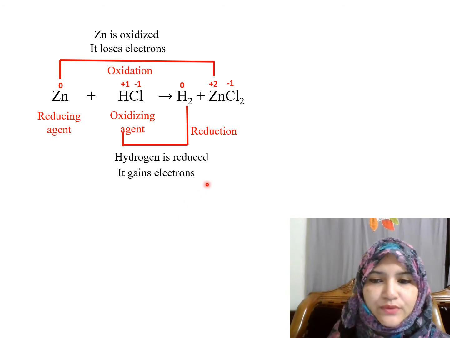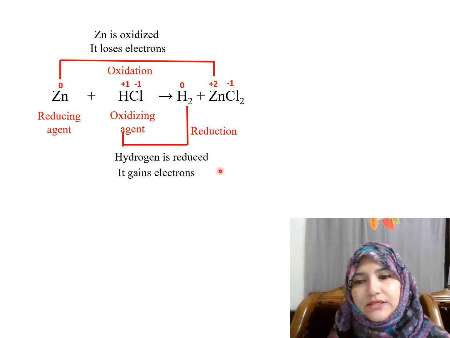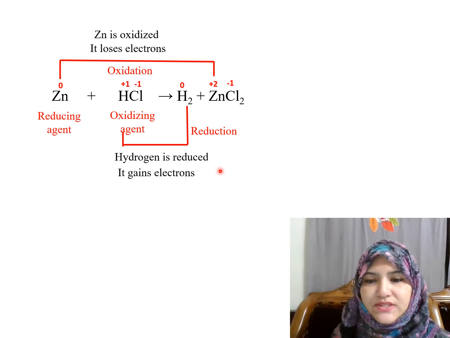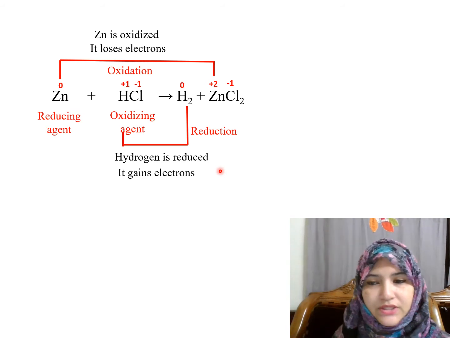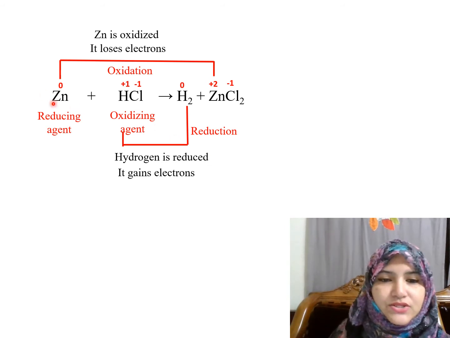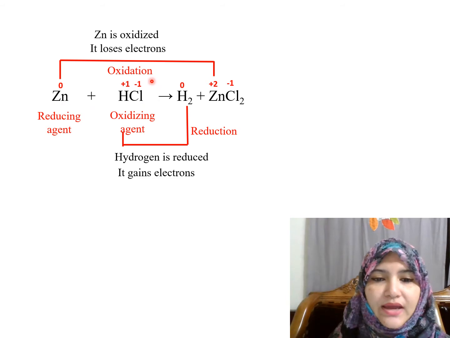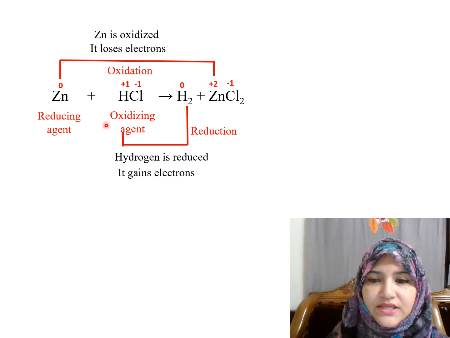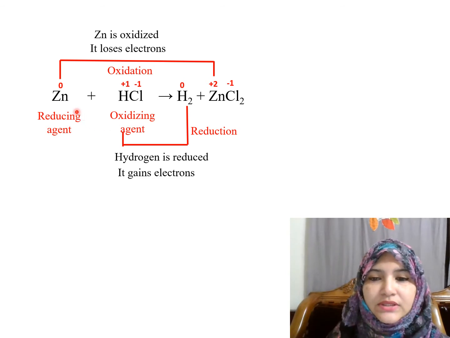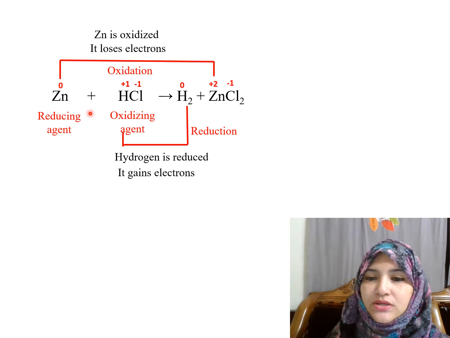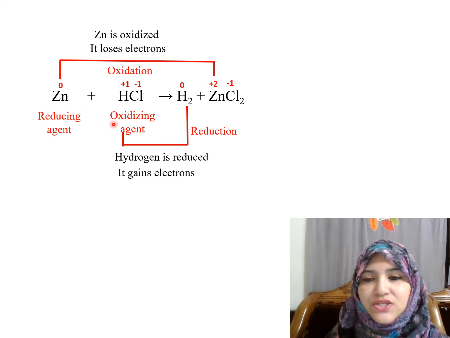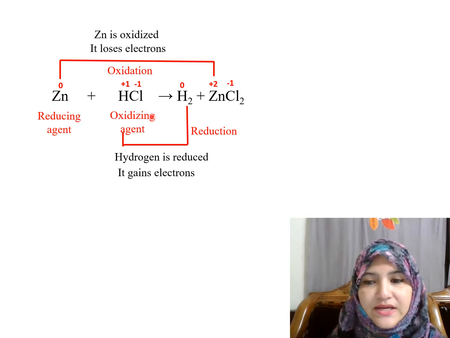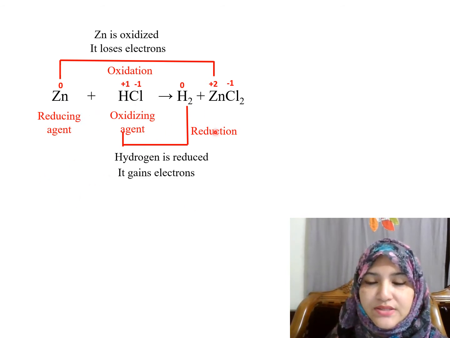If you get a question like this on your test or exam, to find the substance that is oxidized or reduced, always look at the reactant side, that means the left side, because both the substance which is reduced and the substance which is oxidized are present on the reactant side. Don't look at the products.